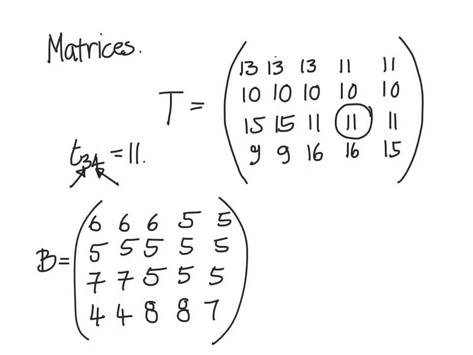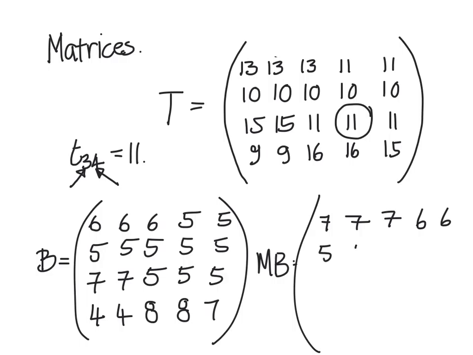Then we can have our Murray Bridge matrix. And so our Murray Bridge matrix is going to be 7, 7, 7, 6, 6, and 5, 5, 5, 5, 5.